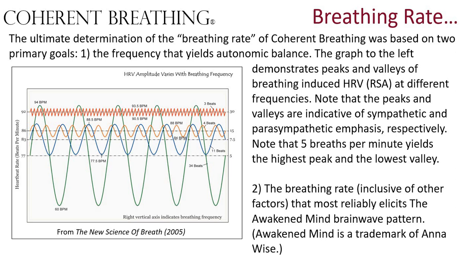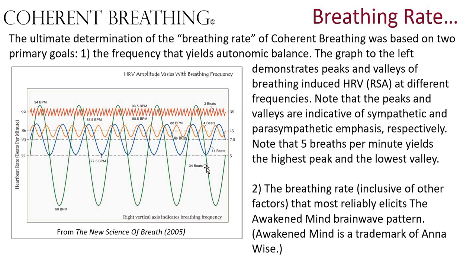So as we go down in frequency, the amplitude grows dramatically from roughly 3 beats in amplitude at 30 breaths per minute to 34 beats in amplitude at 5 breaths per minute.